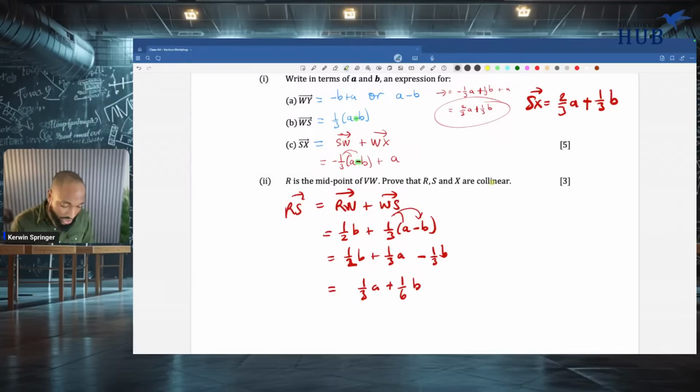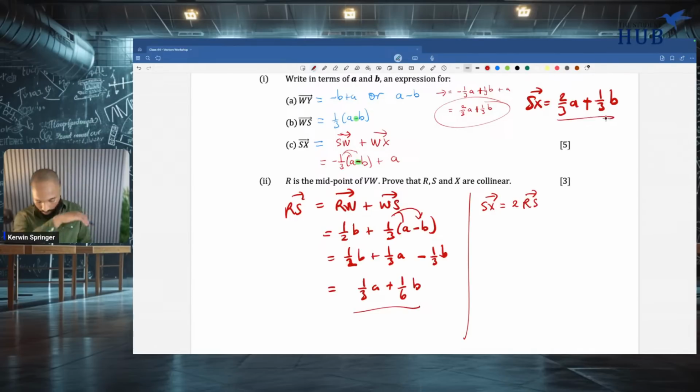To show that it's collinear, we need to show it's parallel and shares a common point. How do we know it's parallel? Can you see that SX is actually 2 times RS?